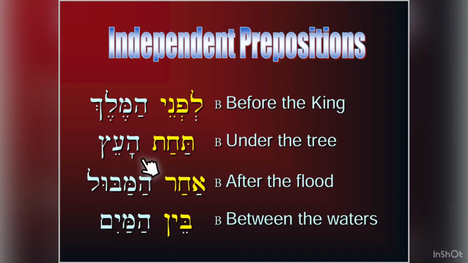This is another beautiful example of compensatory lengthening. So takat ha'edz means under the tree. This is another independent preposition. So lefne, takat, akar, ben. Ben means between, akar means after, and these are a few examples of independent prepositions.